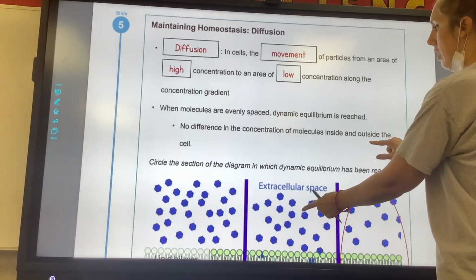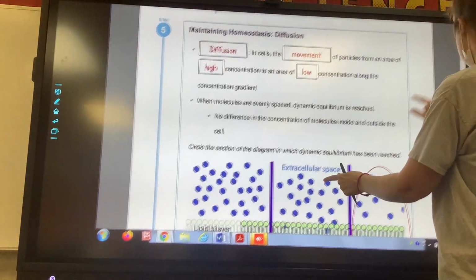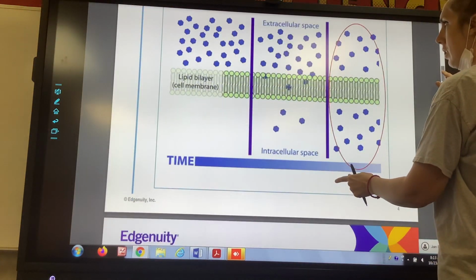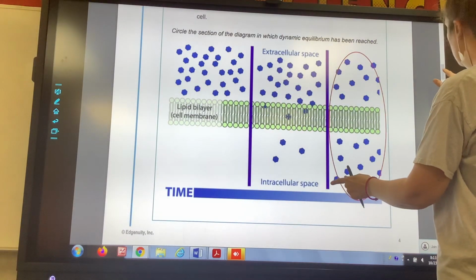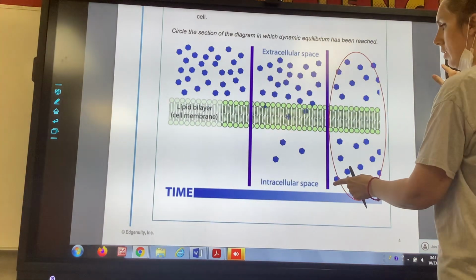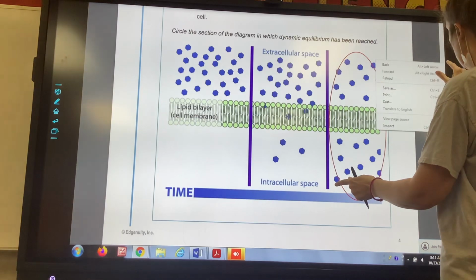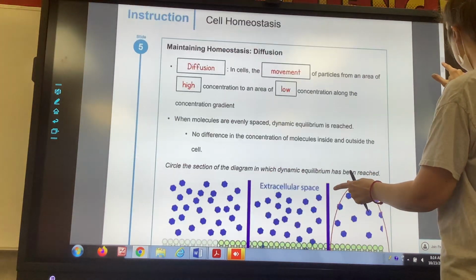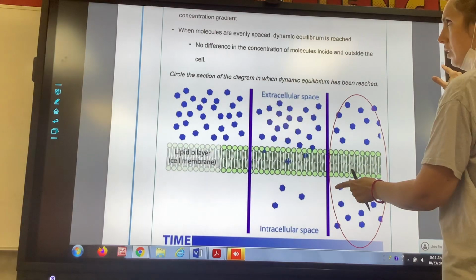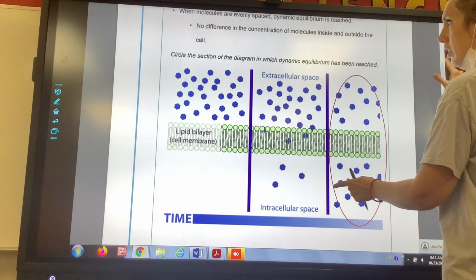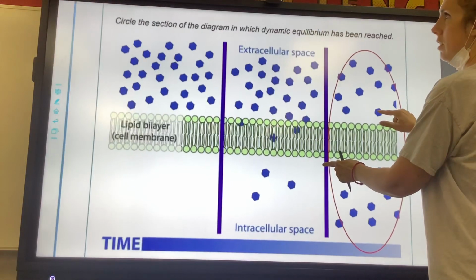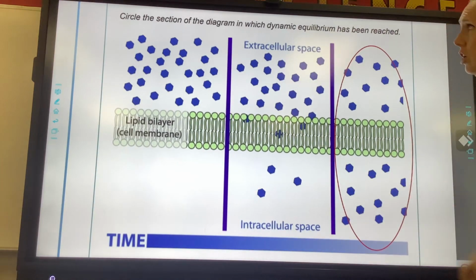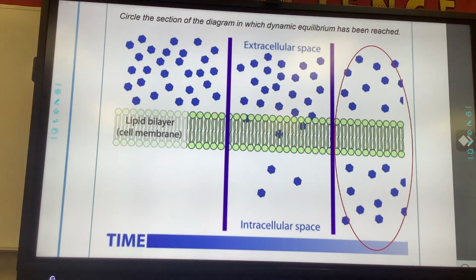Now up here, okay, it says, circle the section of the diagram in which dynamic equilibrium has been reached.